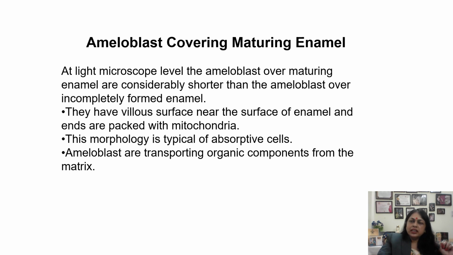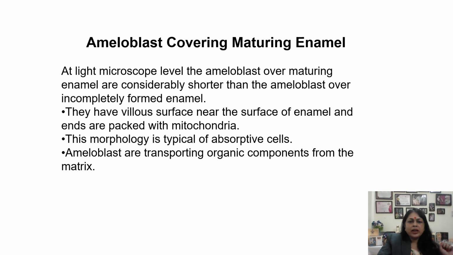As we had seen in the life cycle of ameloblast, the ameloblasts are short columnar in the early stage. Then during the actual formation of enamel matrix, they become tall columnar. And then after the actual formation, when maturation occurs, again they become short columnar. So you should remember these three stages of ameloblast.